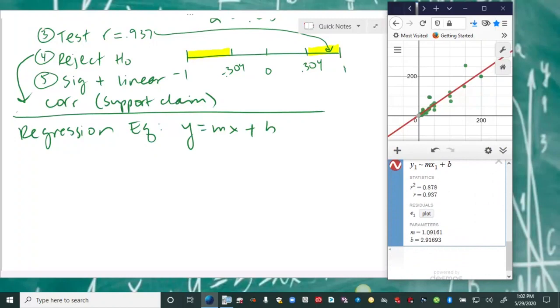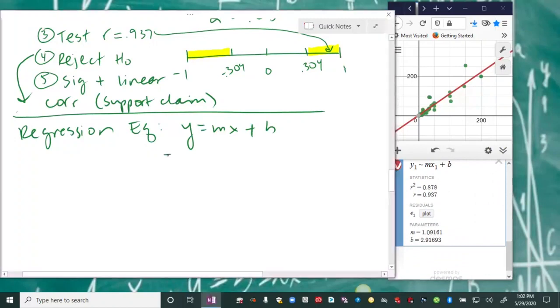There they are. Okay, so I get y equals m, which is 1.09 x plus b, plus 2.917. Remember, you can also write this in the form, you can swap these, the order doesn't matter.